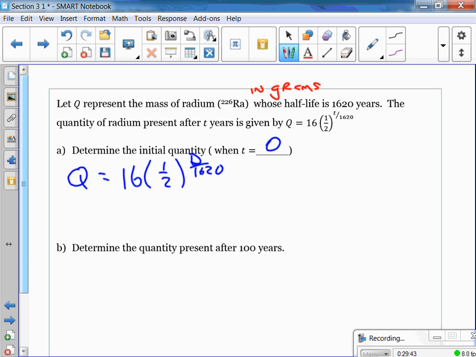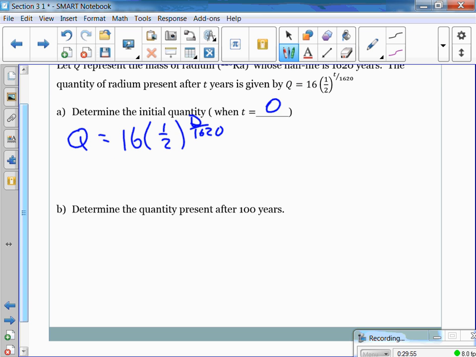Okay, just our calculators in our heads. 0 over 1620 is what? 0. Anything to the 0 power is... Actually, is that true what I just said?